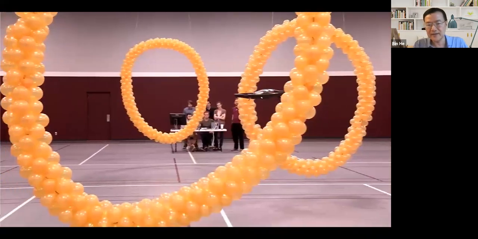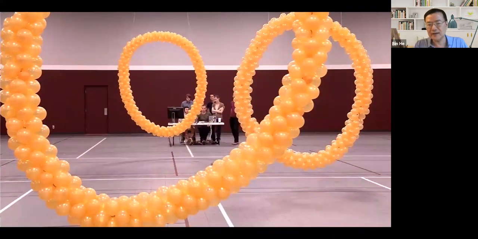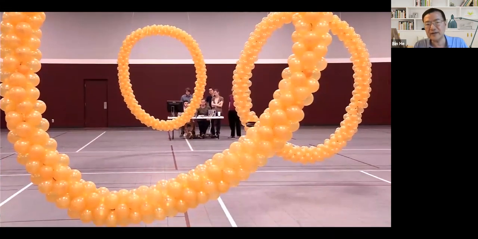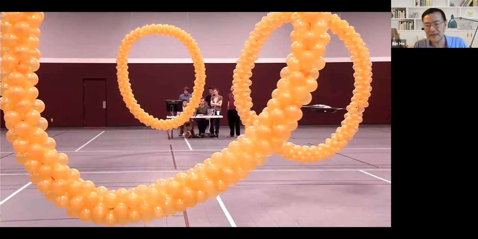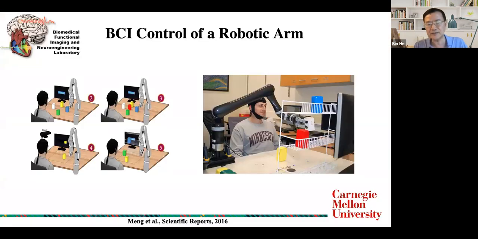If you want to lift up, imagine moving both hands. If you want to bring it down, you imagine moving neither hand. This experiment demonstrated for the first time that a human subject is able to fly a drone in 3D space just by thinking about it, from entirely non-invasive EEG recordings.